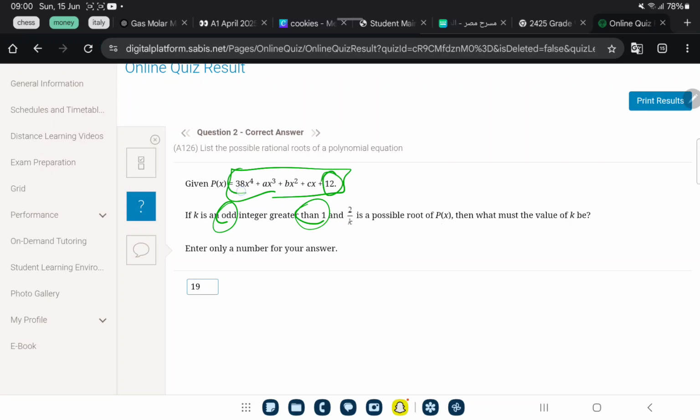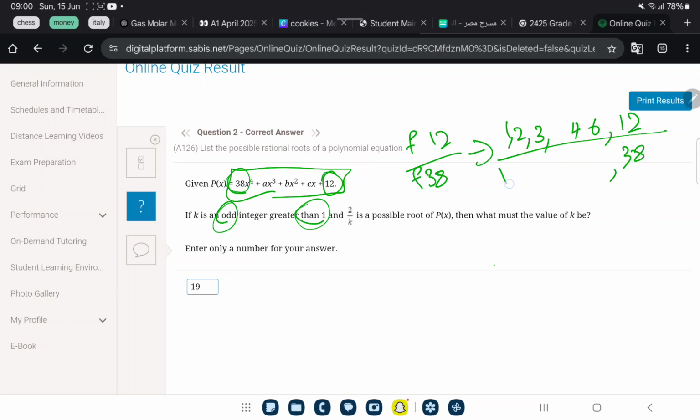Again, we're going to do the factors again. So factors of 12 over factors of 38. So it is 1 and 12, 2 and 6, 3 and 4 for 12. For 38, it's 1 and 38, 2 and 19, and I don't think there is anything else.